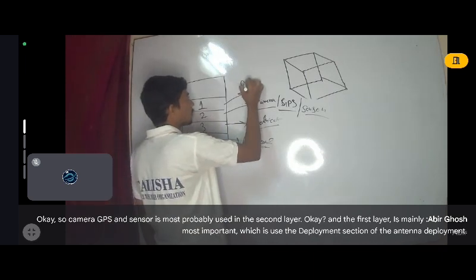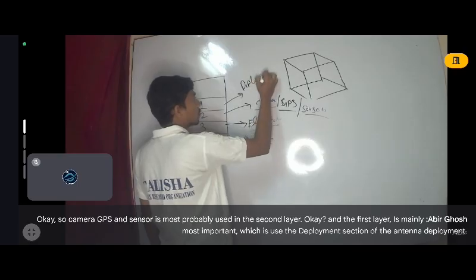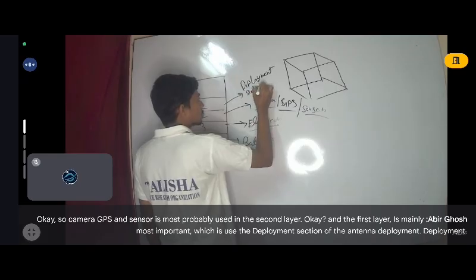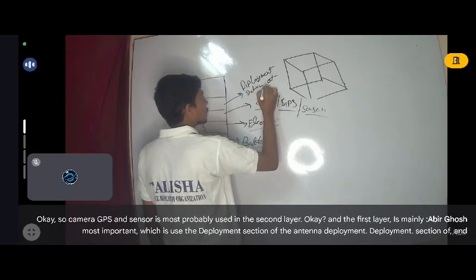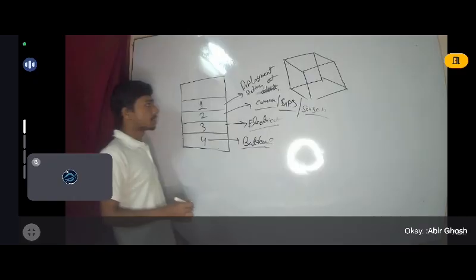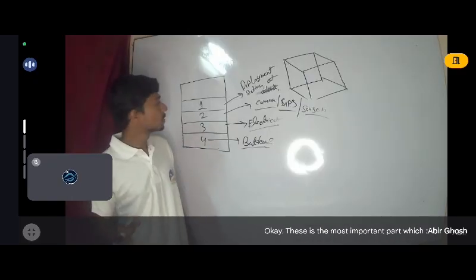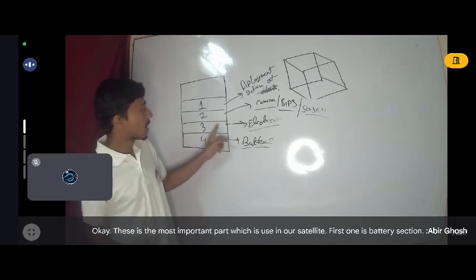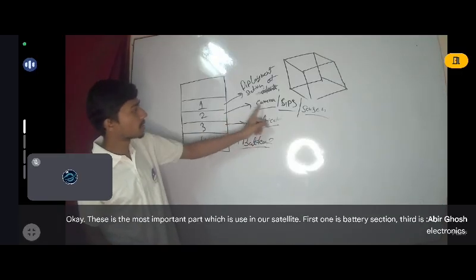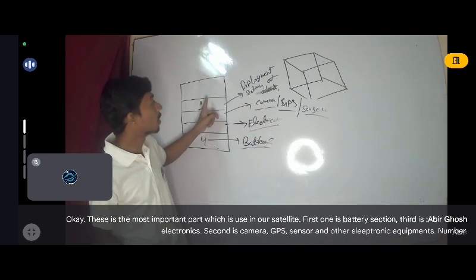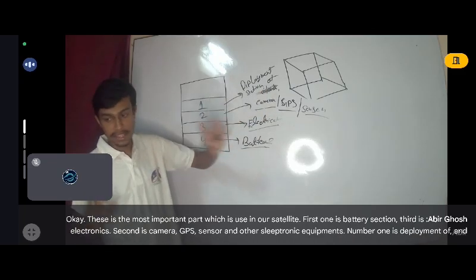First is the battery section, third is electronics, second is camera, GPS, sensor and other electronic equipment, then number one is the deployment of antenna section.